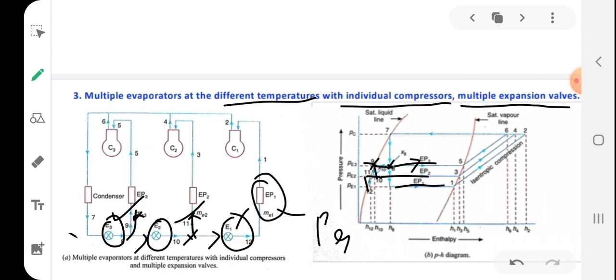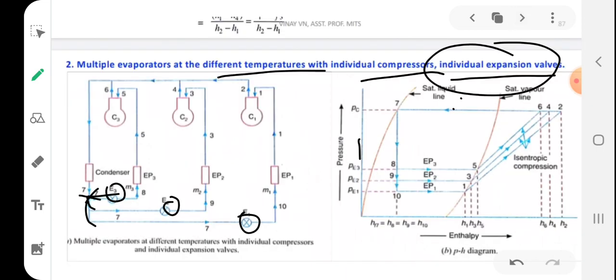All three expansion valves work together to reduce the pressure to the evaporator pressure of this particular evaporator. For this evaporator, these two expansion valves do the job. For this evaporator, only the third expansion valve does the job. So that is why it is known as multiple expansion valve.